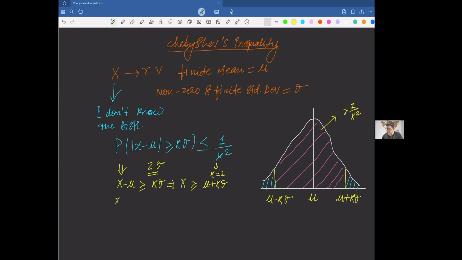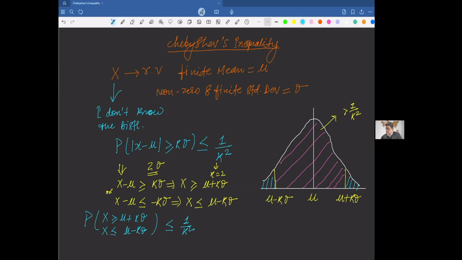Similarly, I can write this as, or, x minus mu less than or equal to minus k sigma, which implies x is less than or equal to mu minus k sigma. So I can write this as probability of x greater than or equal to mu plus k sigma, or x is less than or equal to mu minus k sigma, which is less than or equal to 1 by k square.